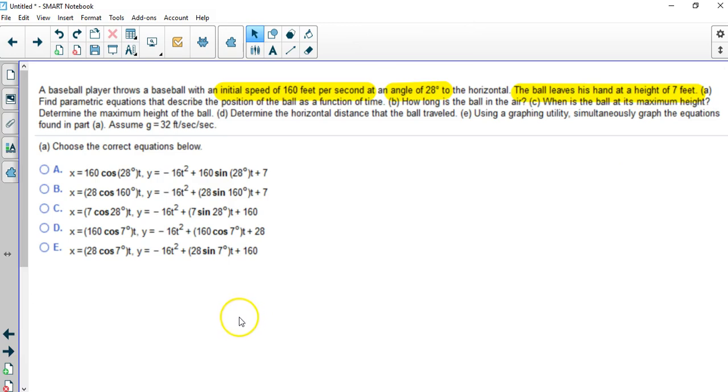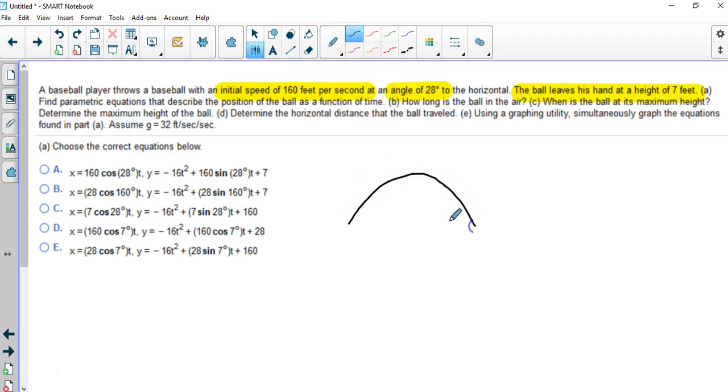We want to know the parametric equations that talk about the position of the ball as a function of time, both how far I traveled horizontally and how high the ball is off the ground at any given point in time. So the x part of the equation is going to say, when t is some number, I'm x feet away from where our player threw the ball.